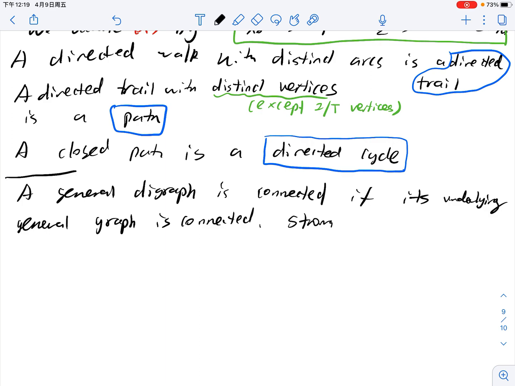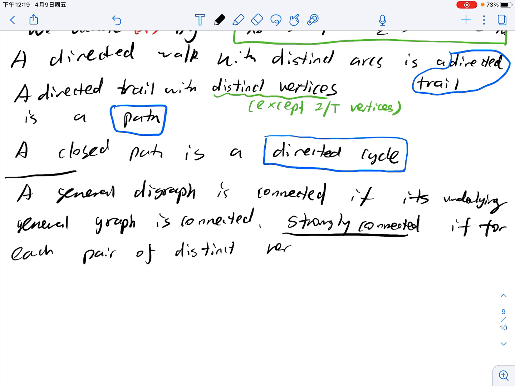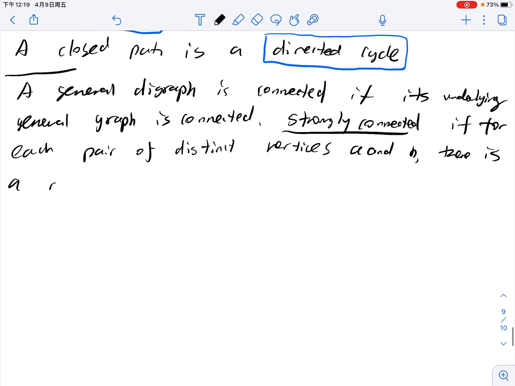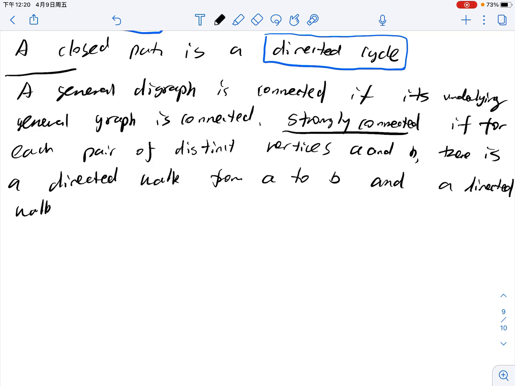It's strongly connected if for each pair of distinct vertices A and B, there is a directed walk from A to B and a directed walk from B to A.